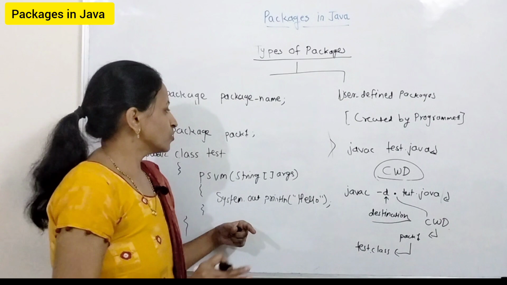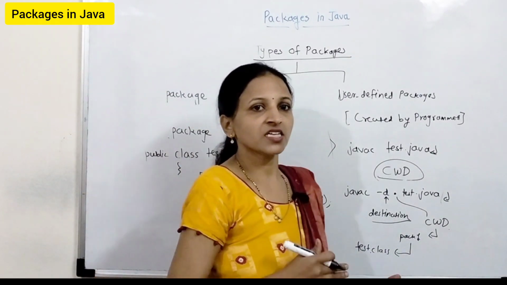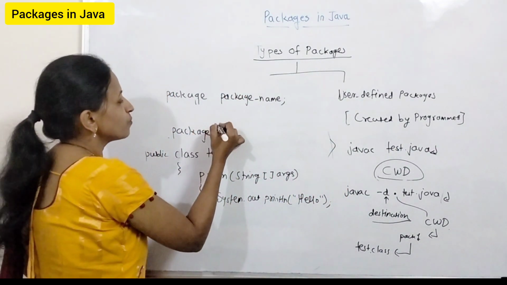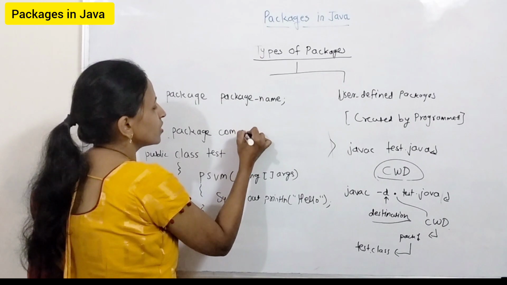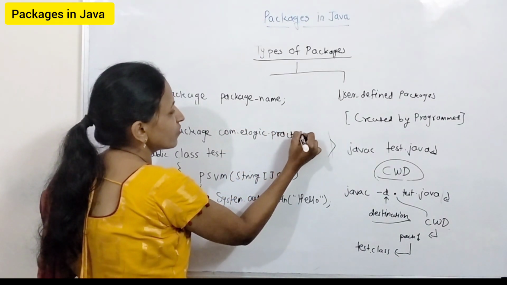Now suppose you have written it like this, following the normal convention, like the inbuilt packages java.awt and java.io. In the same way, suppose I have written com.elogic.practice. Then what will happen?